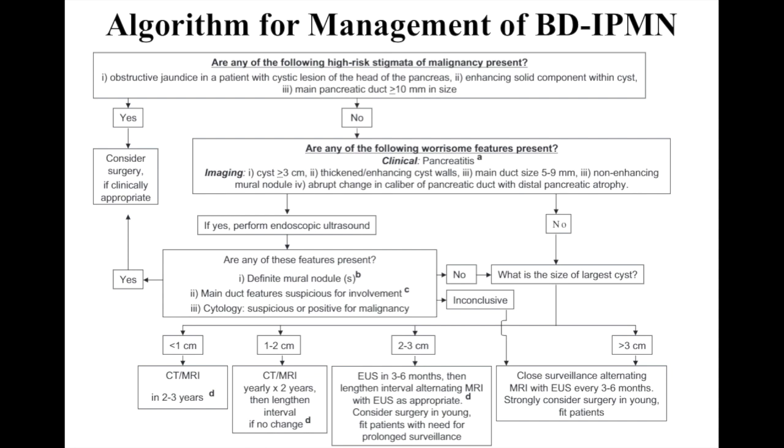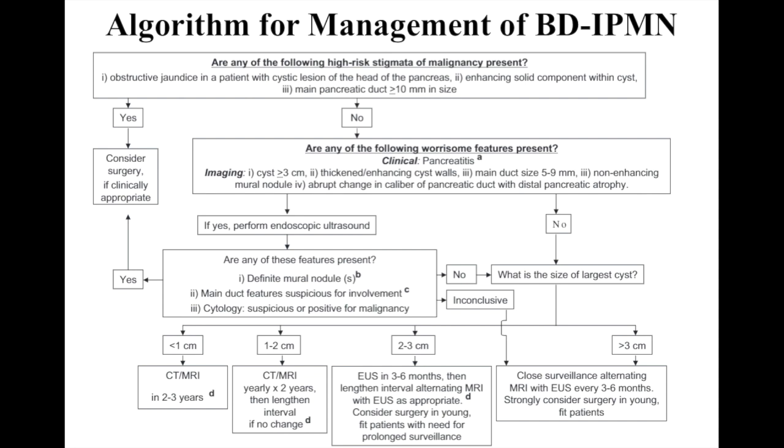Here's an algorithm for side branch IPMNs from Tanaka 2012. Basically, if symptomatic or if the duct is larger than 1 centimeter, or if you see a solid nodule, then that patient's probably going to be going to the operating room, as seen here.